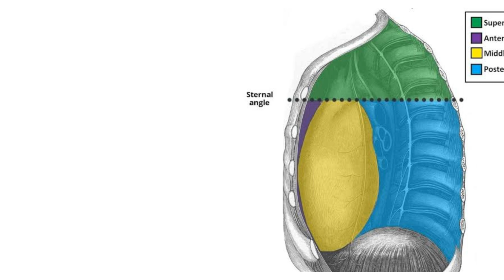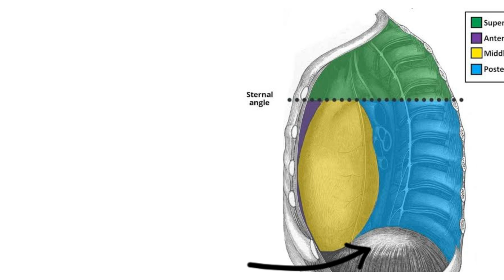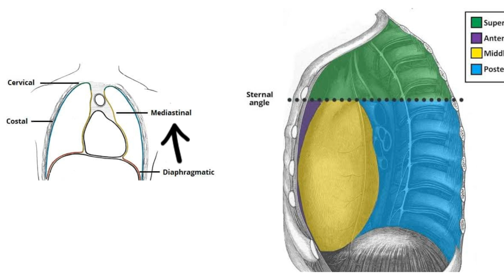It is bounded superiorly by the sternal plane, as shown in the diagram, passing from the sternal angle to the lower border of the fourth thoracic vertebra. It is bounded inferiorly by the diaphragm, and it is bounded on each side by the mediastinal pleura.